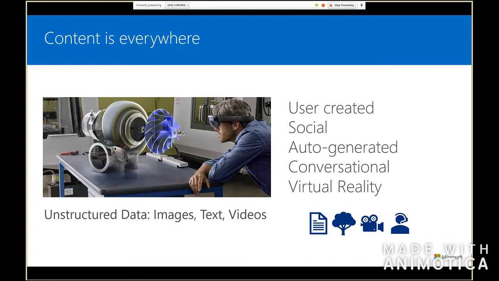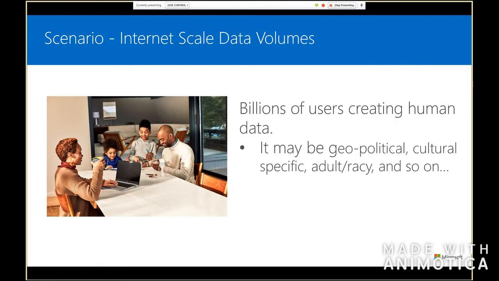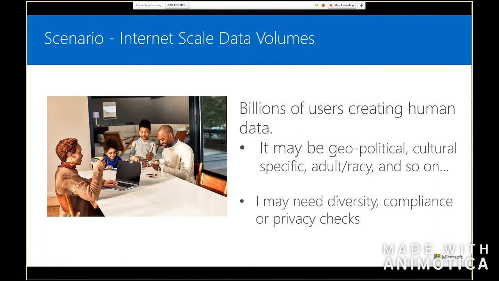Human information. And today, with the internet scale data volumes, we have billions of human beings creating data. So this data may be geopolitical, cultural specific, it may have adult or racy content, and so on. And for this content, your business may need diversity, compliance, and privacy checks.